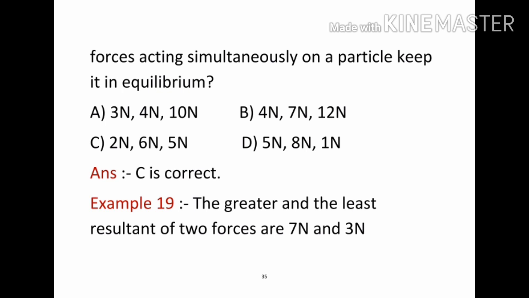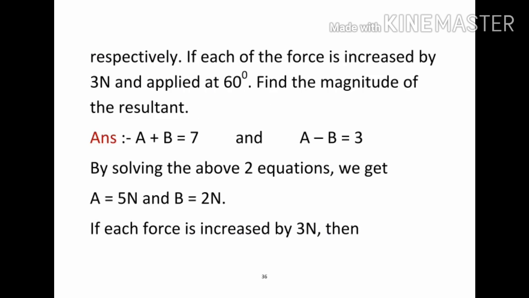Next one, example 19. The greater and the least resultant of two forces are 7 Newton and 3 Newton respectively. If each of the forces is increased by 3 Newton and applied at 60 degrees, find the magnitude of the resultant. To find this, first, greater resultant means R max. R max is equal to 7.